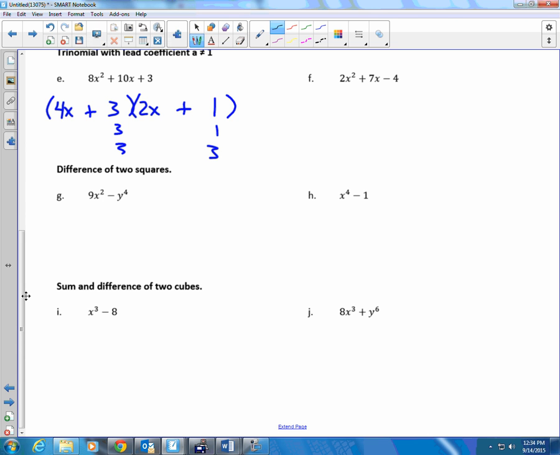Okay, and we get difference of 2 squares. Difference of 2 squares are really nice. Probably the best factoring type problems. What multiplies to 9x squared? 3x and 3x. What multiplies to y to the 4th? Y squared and y squared. And then what?